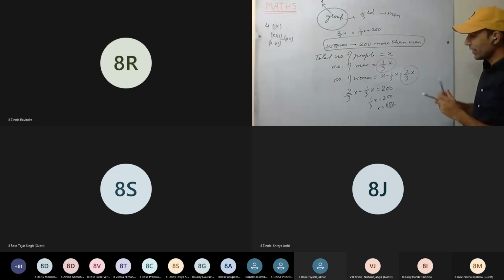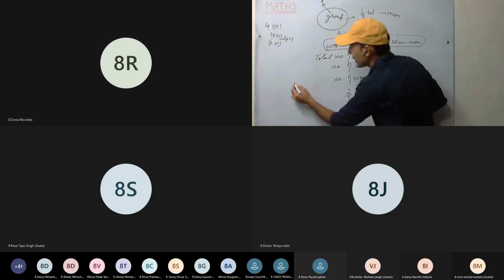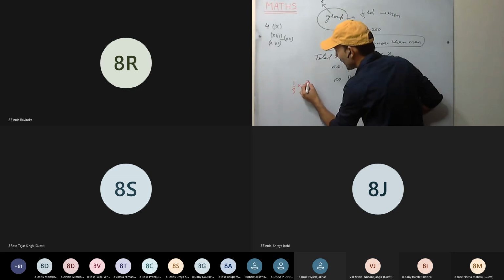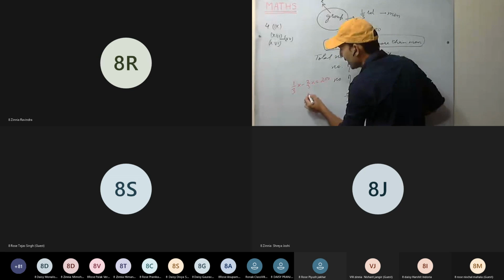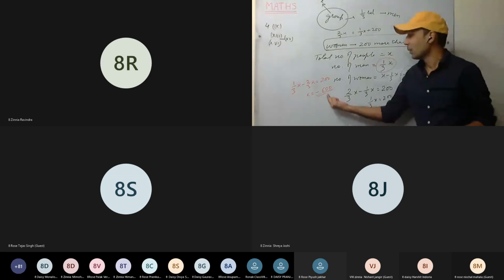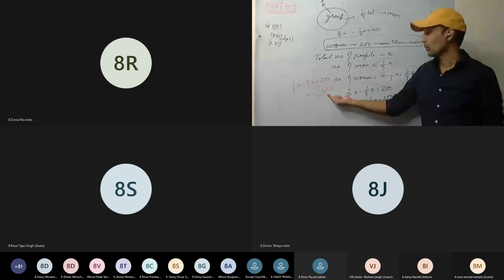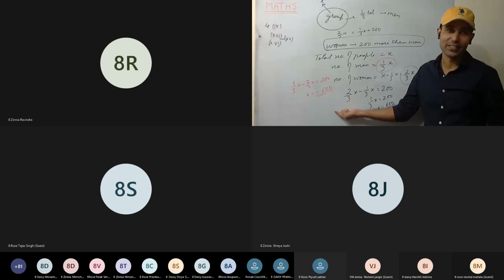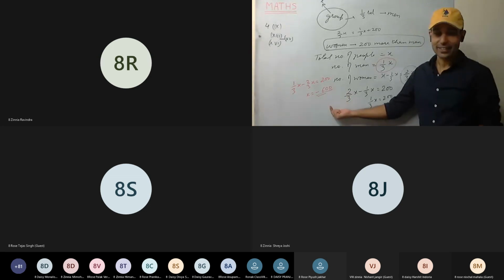Now see here what many students did. Few students did it like this: 1/3x minus 2/3x equal to 200, and they are getting x equal to minus 600. Now they write that people cannot be negative, so they make it positive. We cannot write like that.